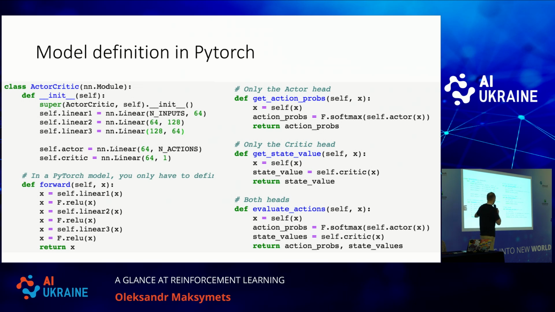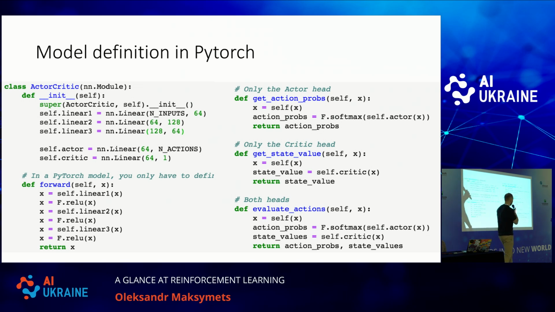And then we have 2 functions to get the actual estimations. Each of them runs this forward function. So what does it do? When you ask about action probabilities, it takes your state x, pushes it through the fully connected layers, and then calculates action probabilities using softmax.